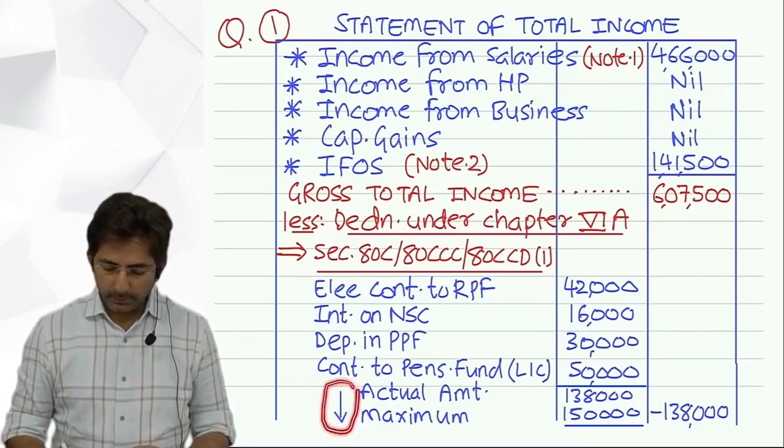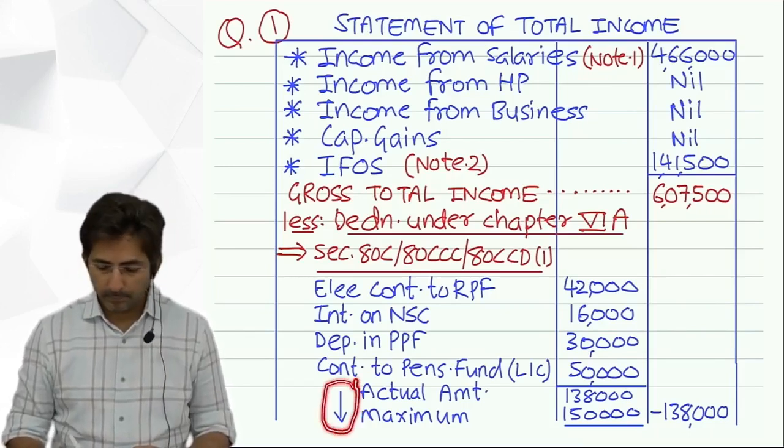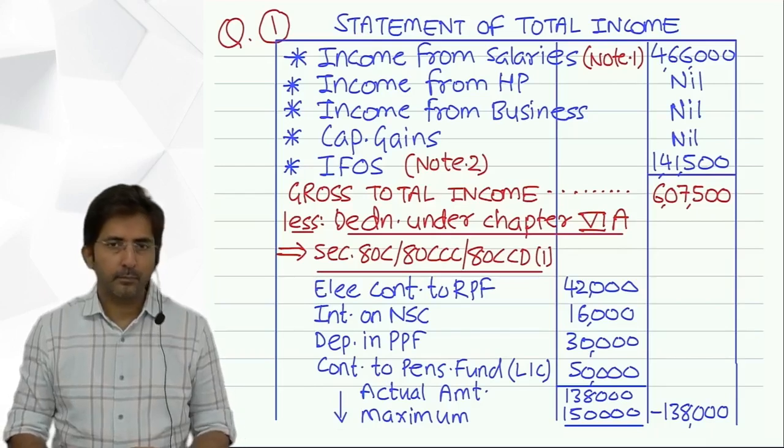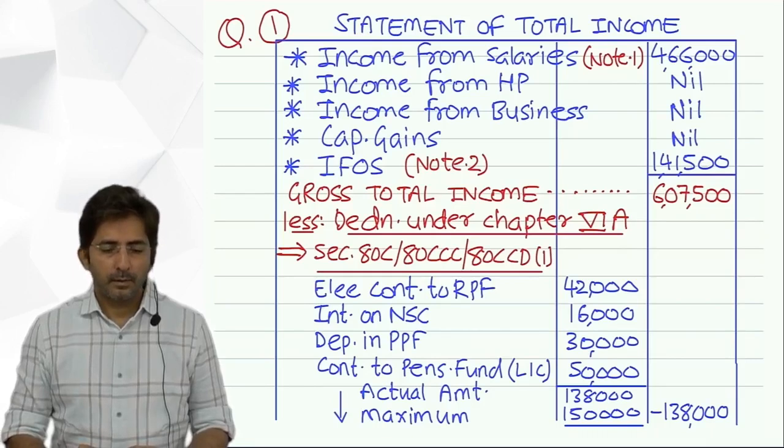See, this arrow means whichever is lower. Done?